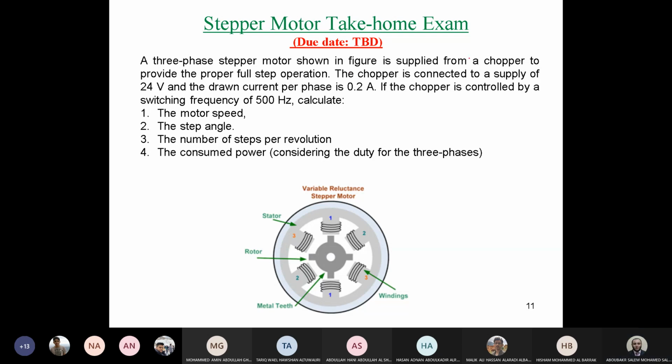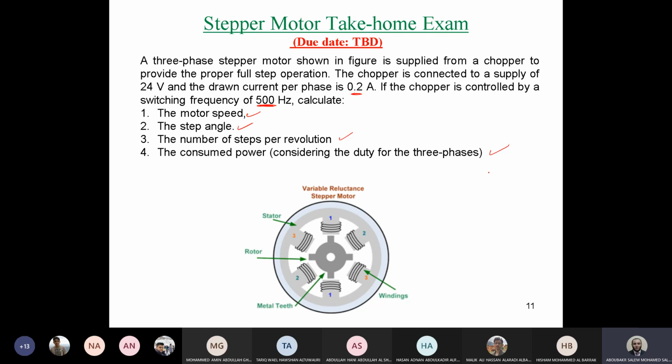The chopper is connected to a supply of 24 volts and the drawn current per phase is 0.2 ampere. So this is the average current per phase. If the chopper is controlled by a switching frequency of 500 Hz, so this is your frequency now, calculate the motor speed, the step angle, the number of steps per revolution, and the consumed power.